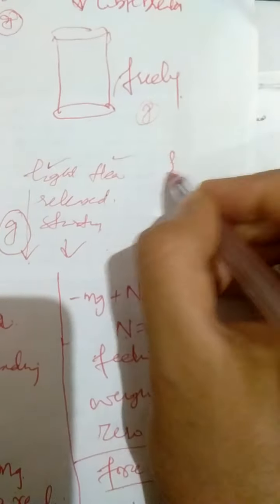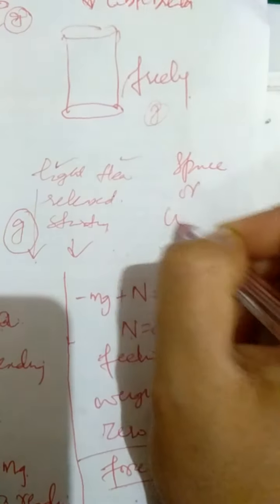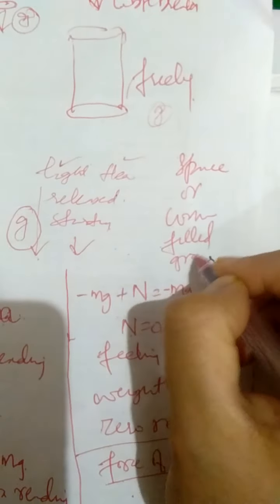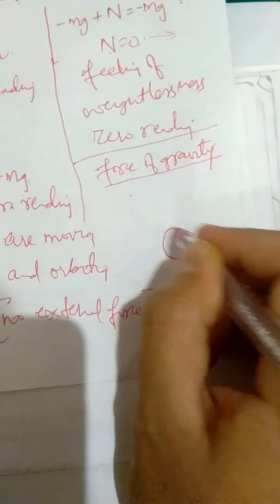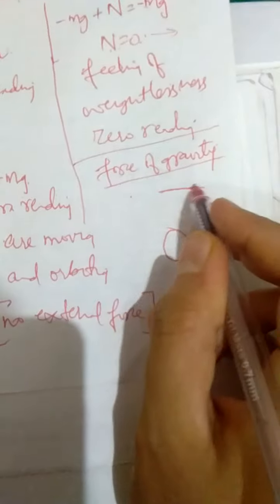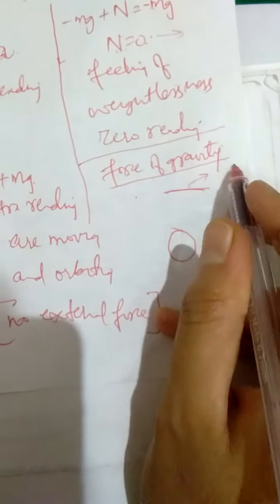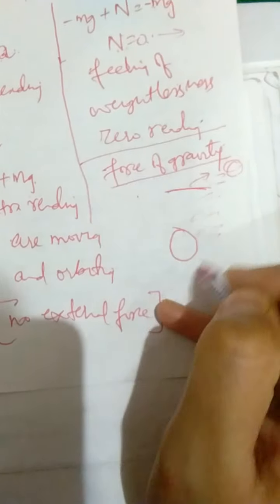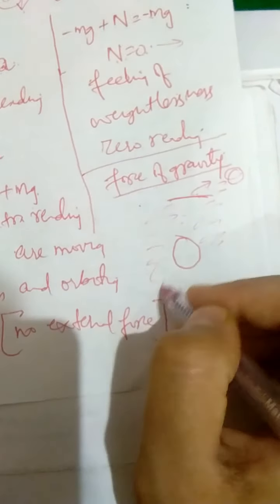Because remember that space or cosmos is always filled with gravitational force. Even if we talk about the range of the forces, for example, if the range of the gravitational force of Earth is up to this height, but beyond this height, there will be a gravitational force of some other object in space. Space is actually filled with this gravitational field. Remember.